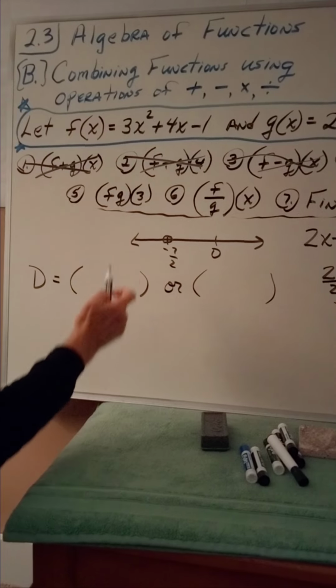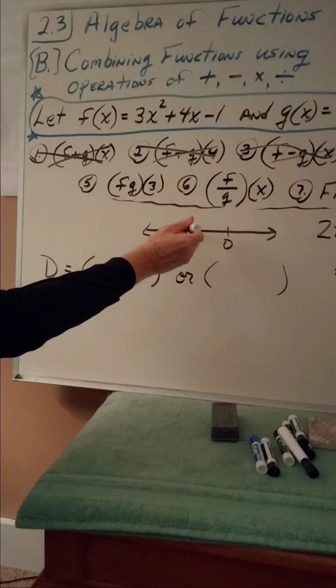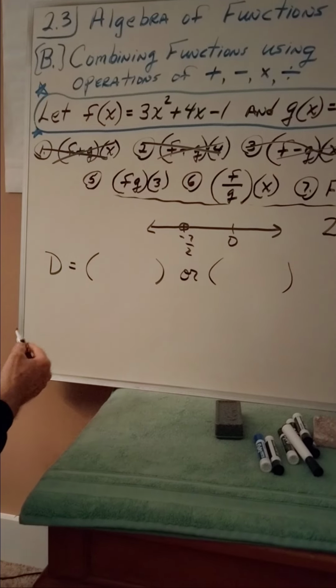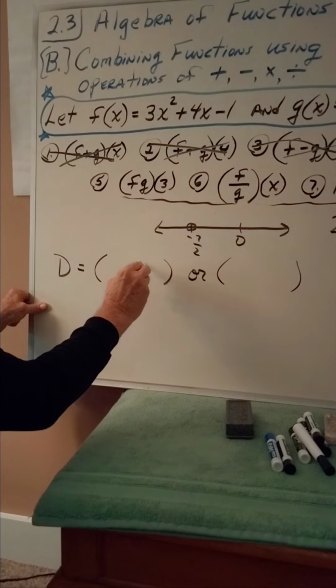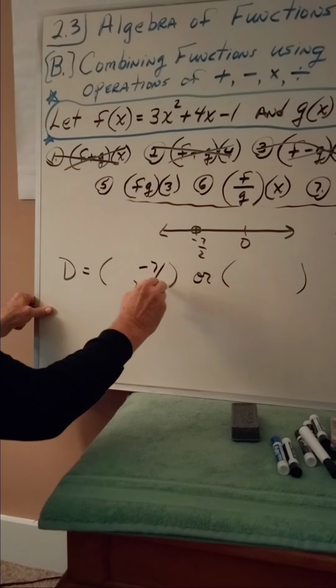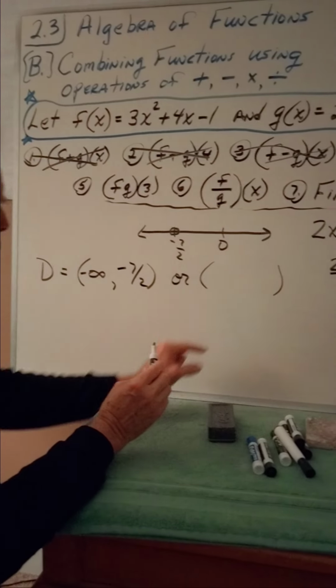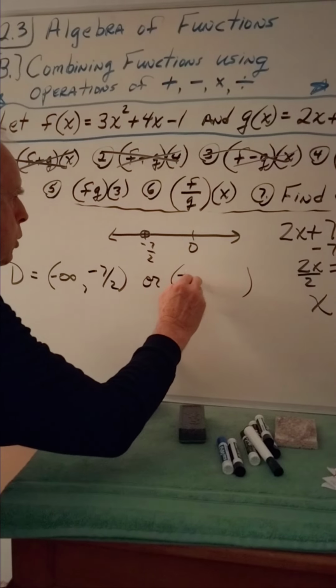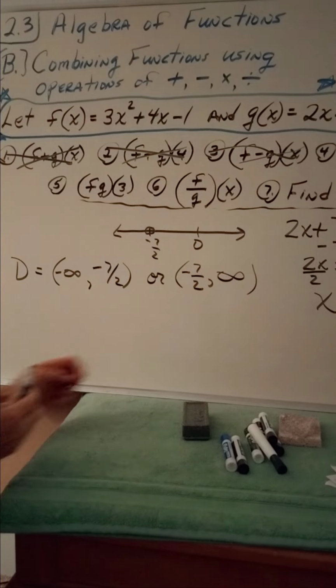For this one, let's do the one where the domain can be a real number that is less than negative 7 over 2. Well, then negative 7 over 2 is going to be the largest number in that interval, and this will be negative infinity. And in the other one, negative 7 over 2 will be the smallest value, and we can take it out to positive infinity, and there would be the domain of that.